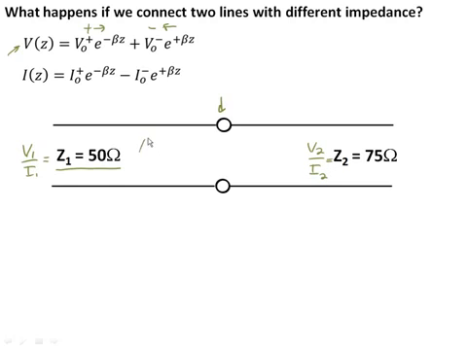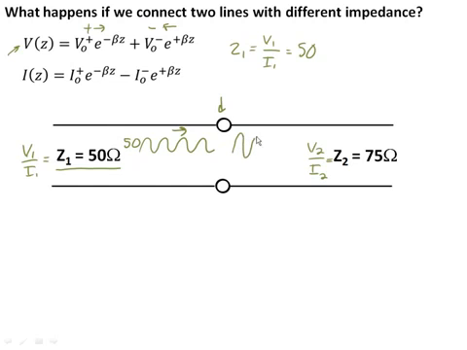So let's naively put a wave coming down this way, going in the positive direction, and give it an amplitude of 50. Well, we know that Z1 is equal to V1 over I1 is equal to 50. So if the voltage is 50, the current has to be 1. Well, what happens over on this side?